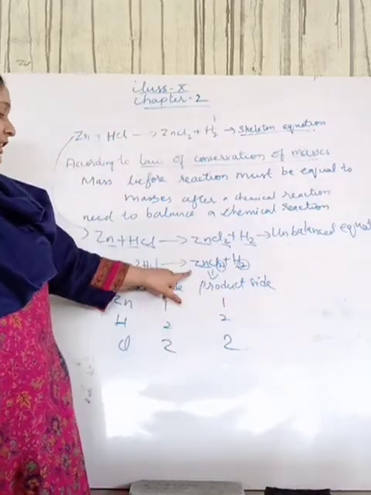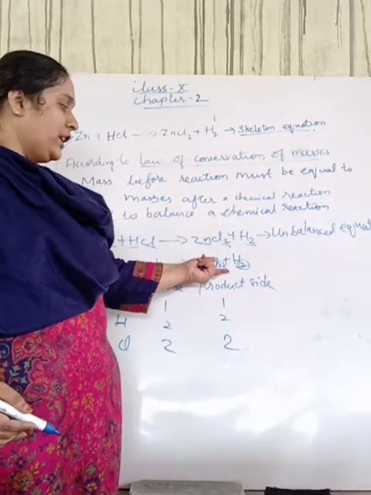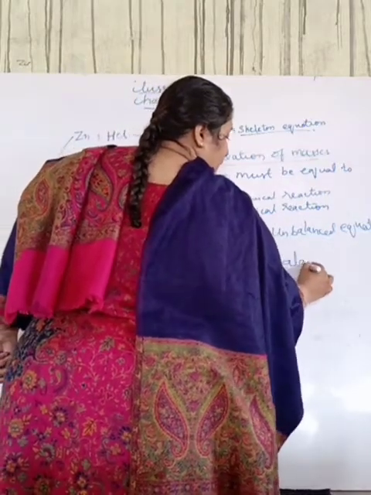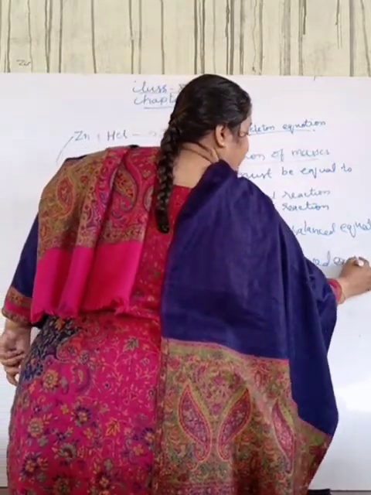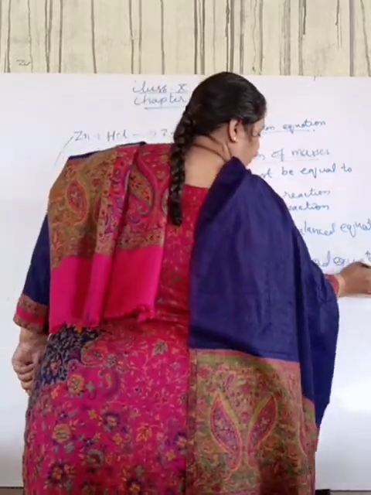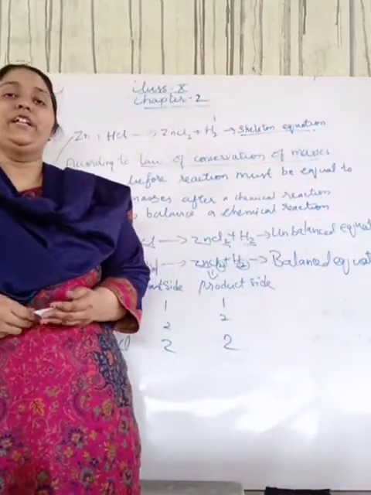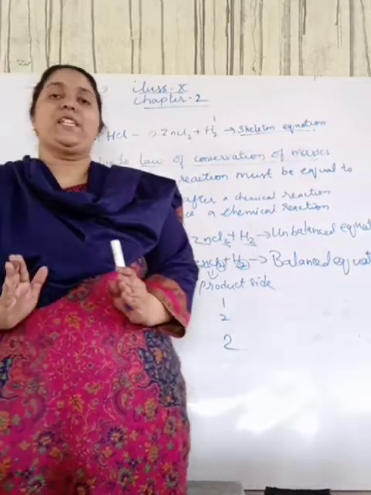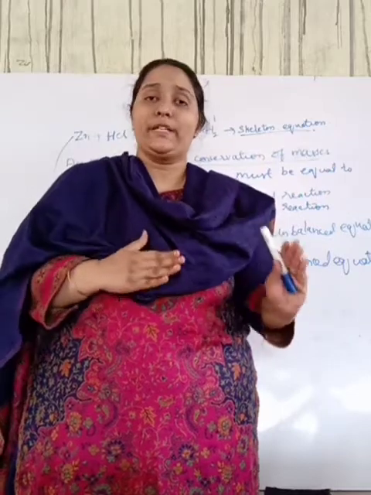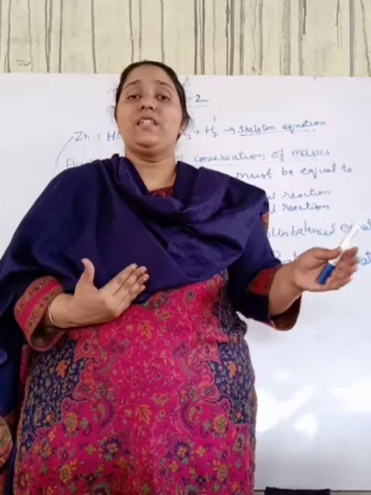Now this equation, that is zinc plus 2 HCl gives rise to ZnCl2 plus H2, is called a balanced equation. Got it, students? What is a balanced equation? For any chemical equation, if the number of atoms on the reactant side is equal to the number of atoms on the product side, then this sort of reaction is called a balanced equation.